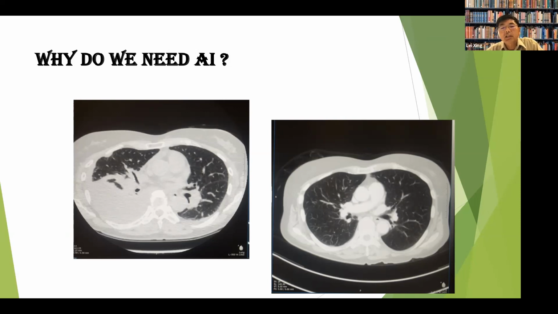So the question here is, how can we tell which patient is going to respond and which patient will not respond, right? Because it's a very expensive drug. You're talking about $250,000 in cost, and also a lot of toxicity, such as autoimmune disease.